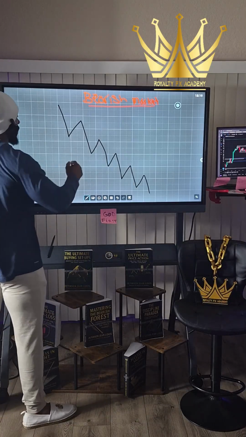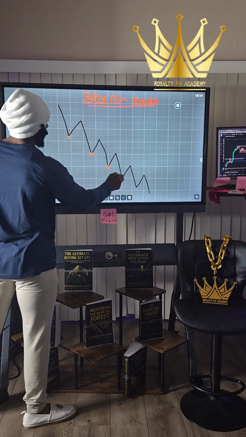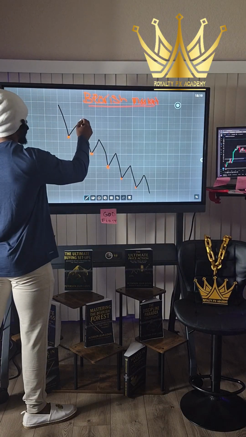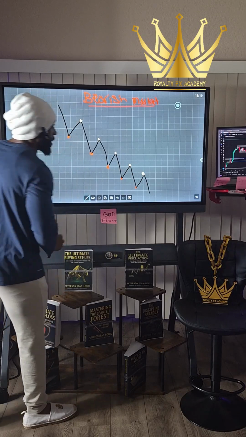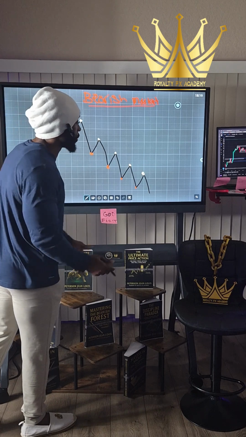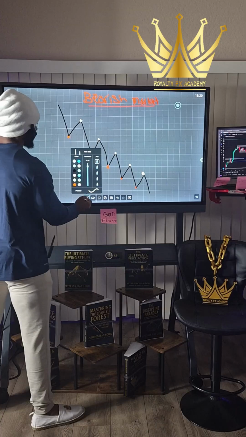In a downtrend market, you're looking at the points. These points are the turnaround points. By identifying the turnaround points, it helps you understand where the market is going and where your next trade is going to come from.